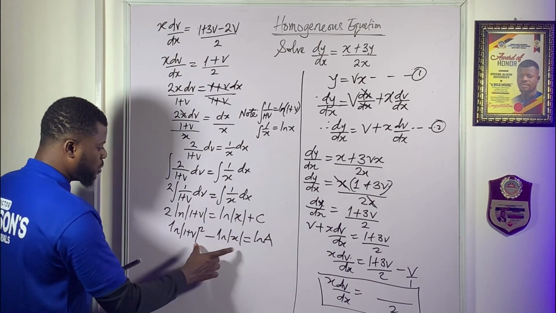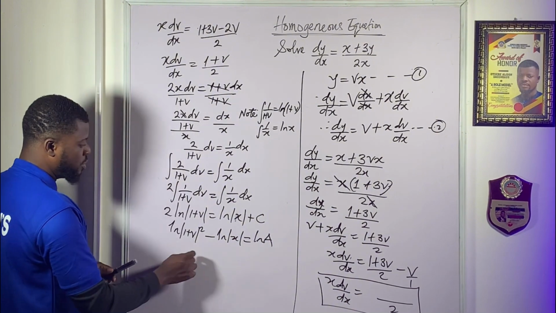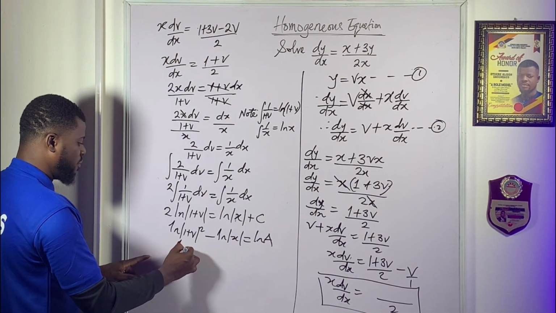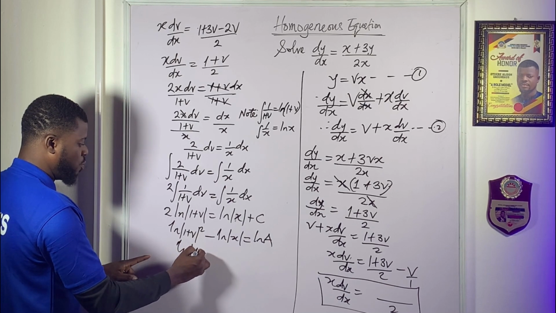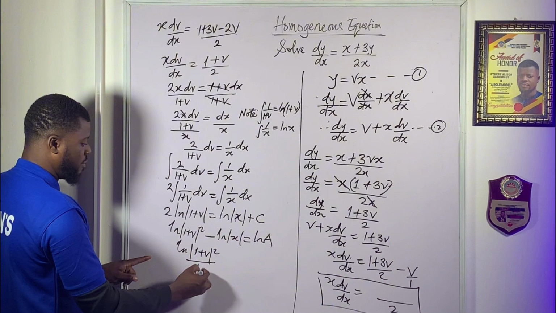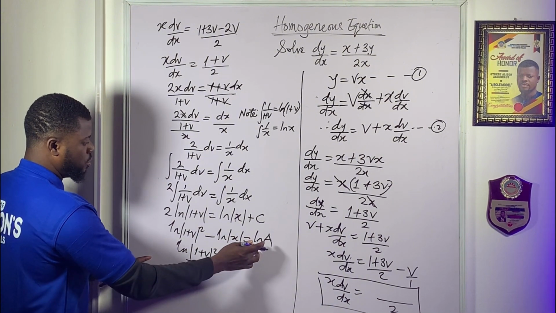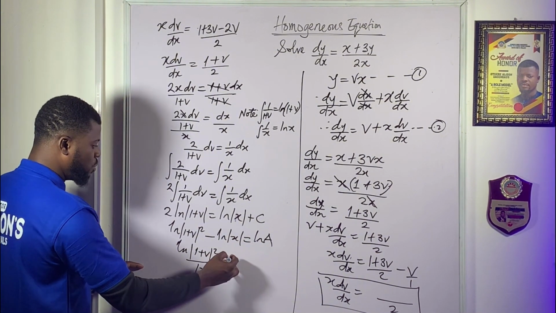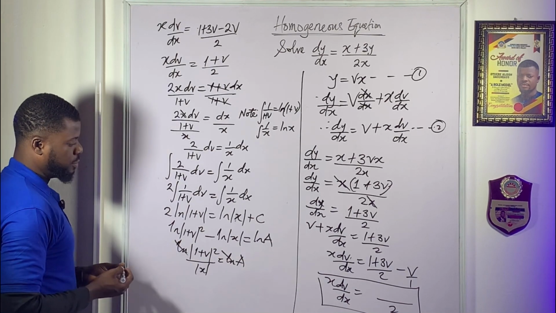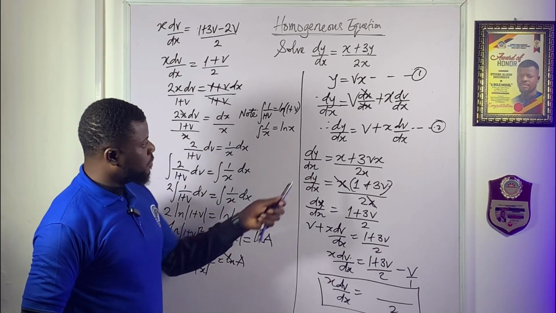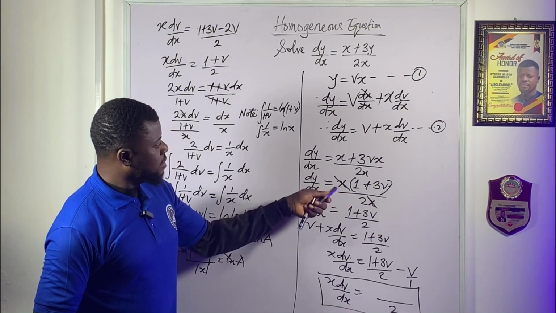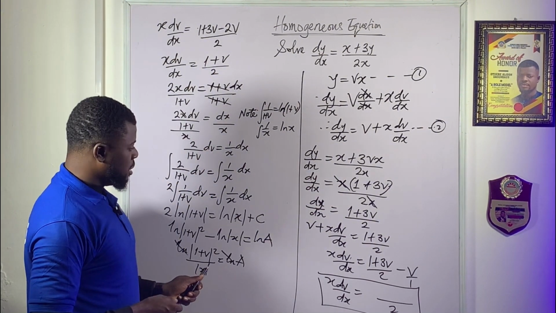Okay, so according to the division law of logarithms, when you have negative, you divide. So because the ln are common, I'll just take one of the common ln and divide (1 plus v) all squared all over x, equal to, here what do we have? We just have ln a. So ln and ln can cancel out at this point. So let's remove this part so that we can finish the remaining process.